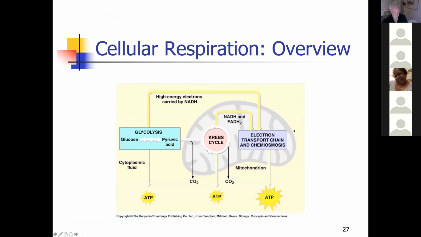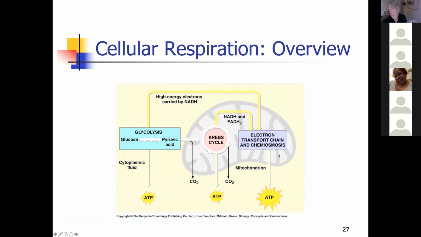Overview of where it all happens. In the cytoplasm, glycolysis occurs. Within the mitochondrion, the Krebs cycle occurs, and electron transport, chemiosmosis, and phosphorylation.